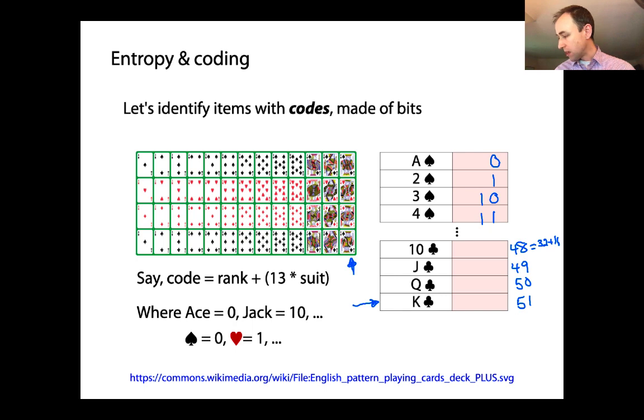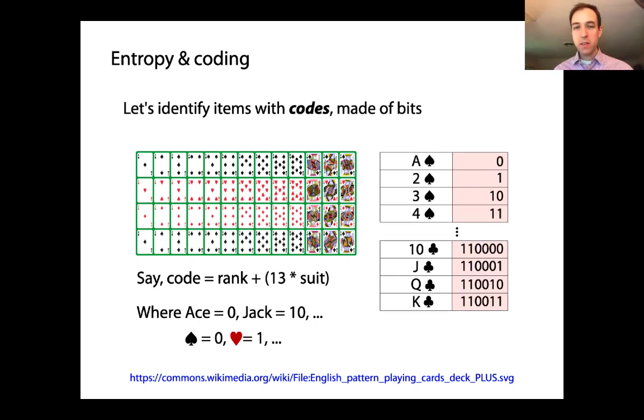So let's go ahead and write that. 32, 16, 8, 4, 2, 1. Okay, so that's the binary version of 48. So now the rest are easy because we just keep going up by 1. Great. And there's my binary codes for all of the cards in the deck.